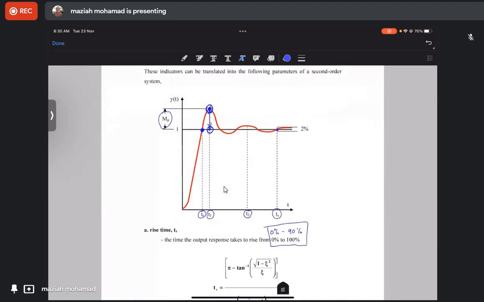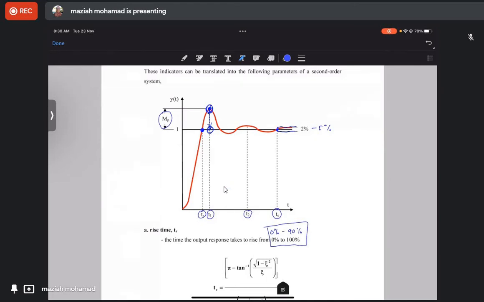And then for the settling time, there is also a specification, meaning we consider the system to be reaching the final value when the value is within the region of 2 to 5% above and below the final value.